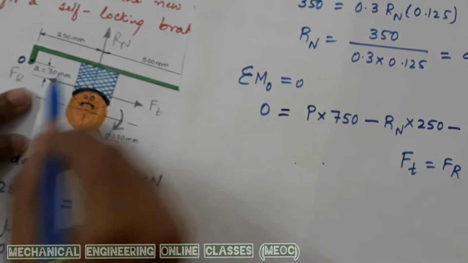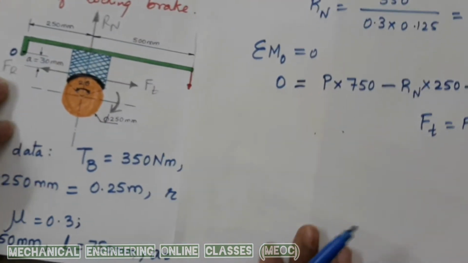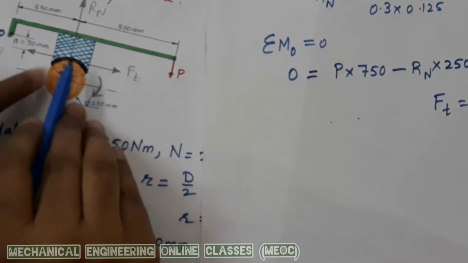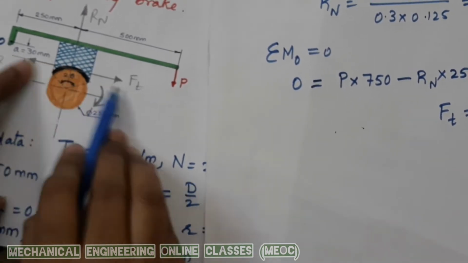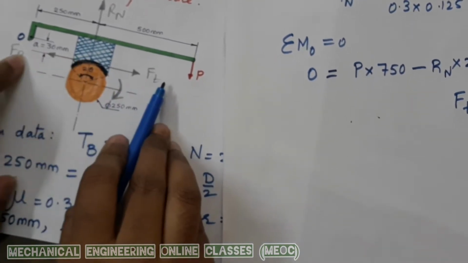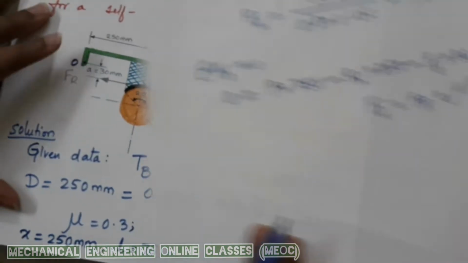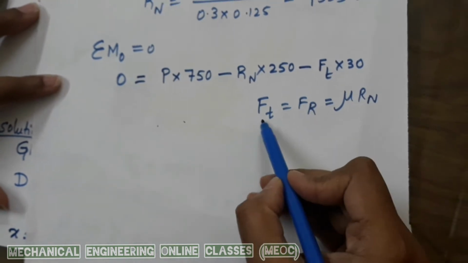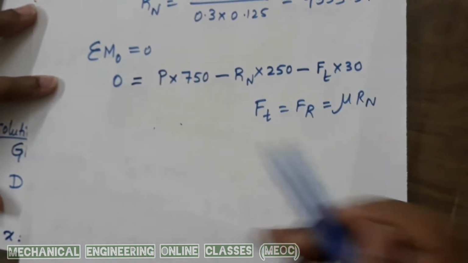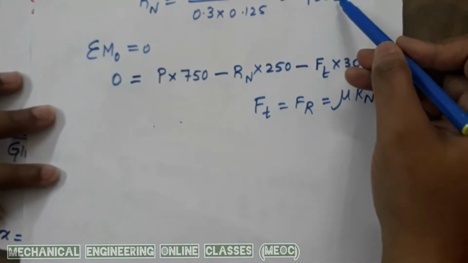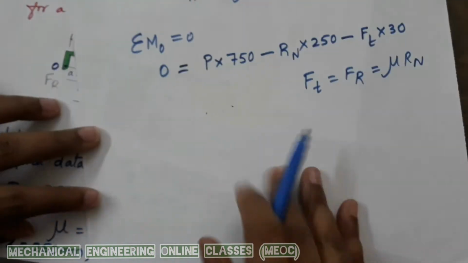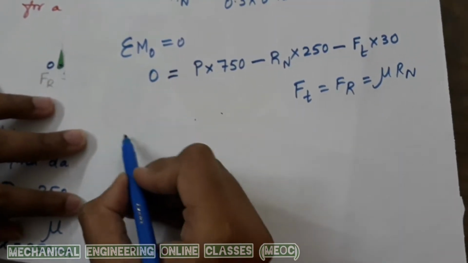Frictional force is mu into normal reaction, which is nothing but Ft, because for equilibrium of system, these two will be equal. This is rightward, this is leftward along the same line of action of the forces, so these two will be equal. So I'll be substituting Ft as mu into Rn in this, and because we already know Rn, the only unknown will be P.